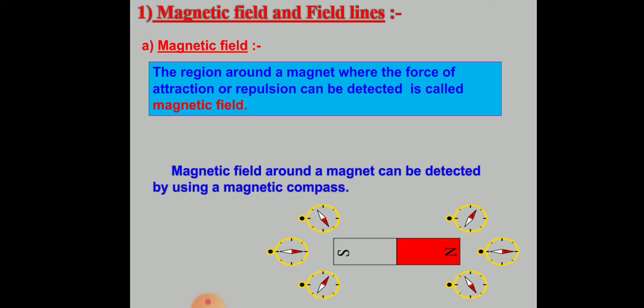So here the magnetic field around a magnet can be detected by using a magnetic compass. Magnetic field surrounding the magnet and the force it exerts are depicted by imaginary curved lines, which we call magnetic field lines.